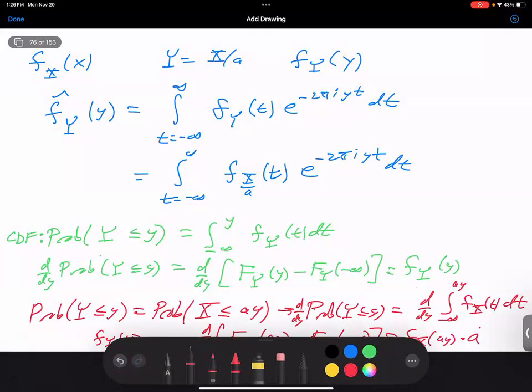So now if I go back to what I had over here, this would be the integral, t goes from minus infinity to infinity, of the density of X at at times e to the negative 2 pi i yt dt. And then I also have an a coming in, right?